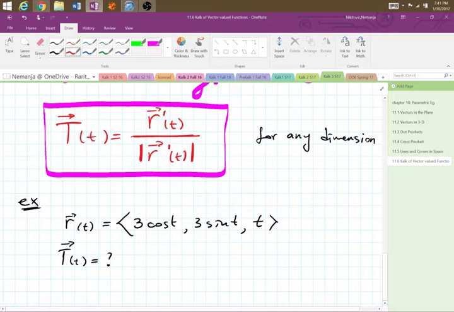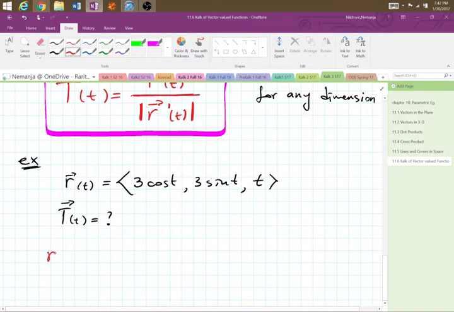Time is up for all of these 3 Calc 1 problems and whatever amount of algebra. So r prime would be negative 3 sine t, 3 cosine t, and 1.